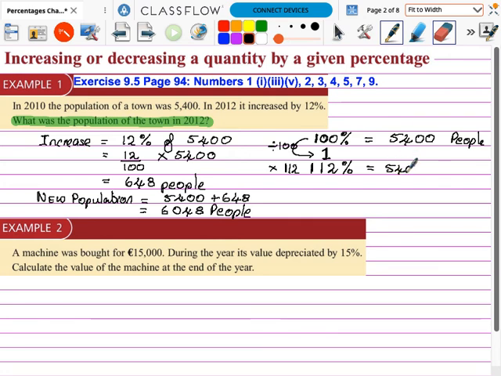There's a very simple rule in mathematics. Whatever you do to one side of a problem, you must do exactly the same thing to the other. So what was my first instruction? My first instruction was to divide by 100. What's my second instruction? Multiply by 112.